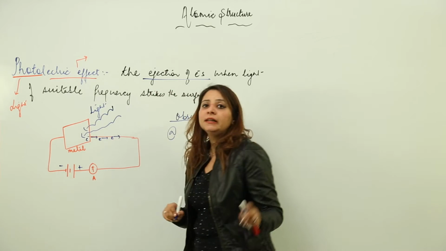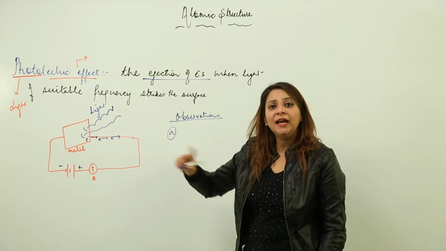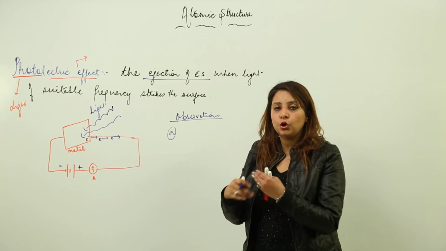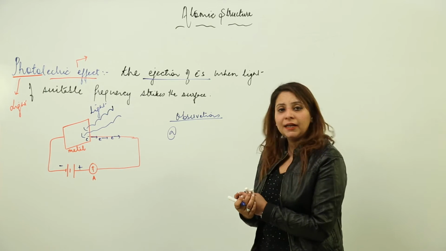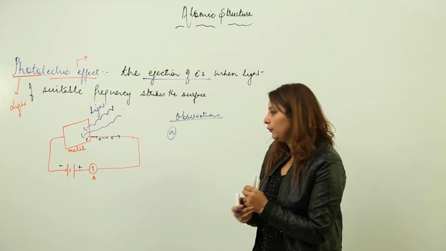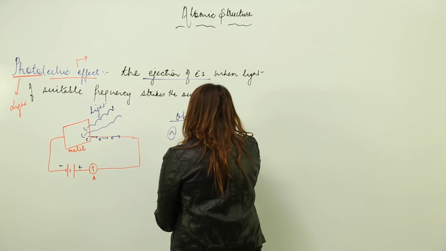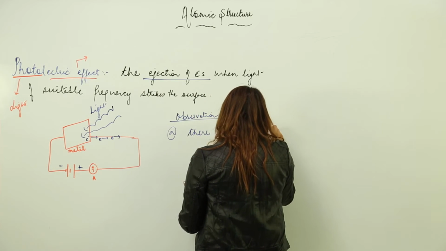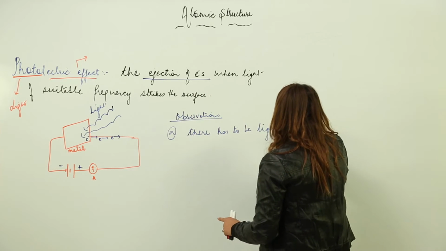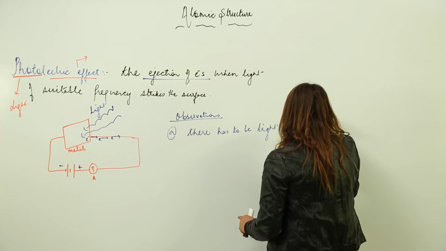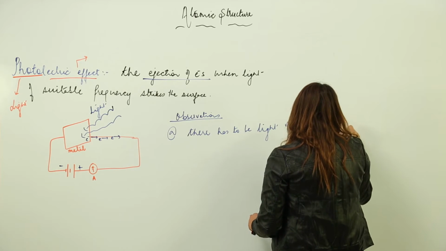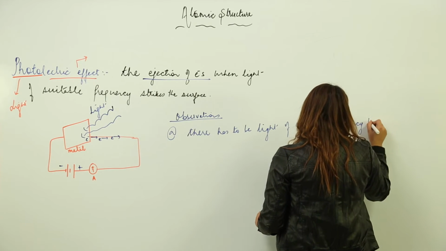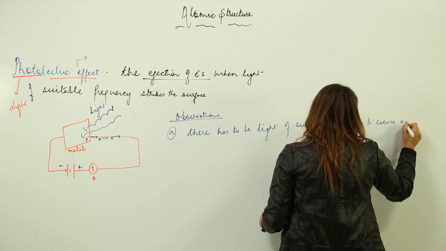First is that any light cannot cause ejection of electrons. There has to be light of suitable frequency to cause ejection.